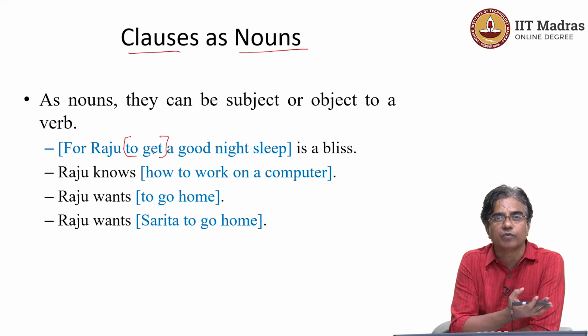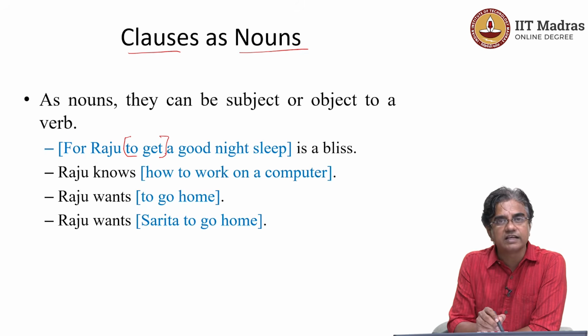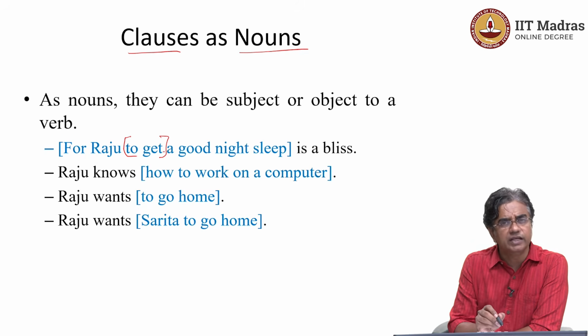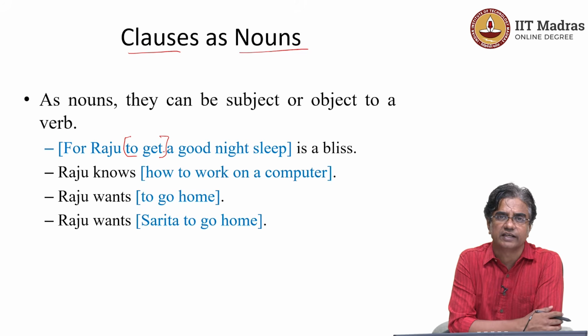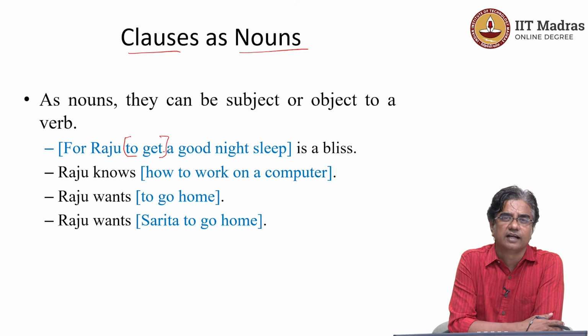These are infinitive forms. So you see, the verb here is in infinitive form, meaning it won't agree with the subject, and it doesn't have any aspect or tense on it. Hence it is called non-finite. And by extension, you can understand a tensed clause is called a finite clause.